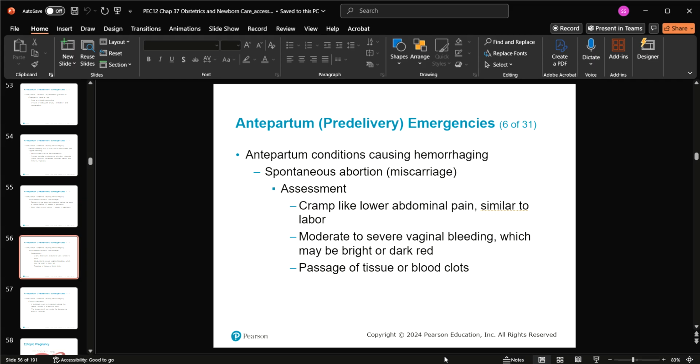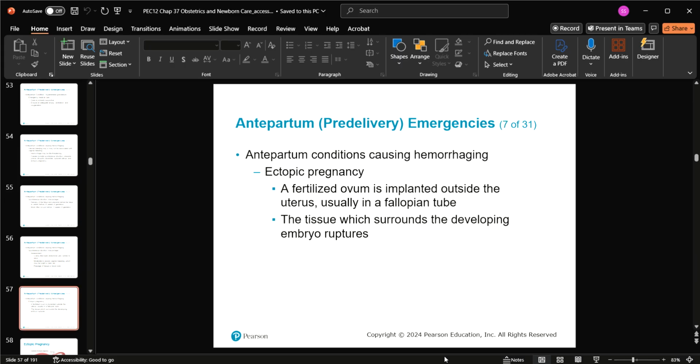So what do you see here? A lot of abdominal pain and cramping, similar to labor, and they start to pass very large clots. An ectopic pregnancy is a medical emergency. It's a fertilized ovum, so the egg has been fertilized and implanted anywhere outside of the uterus.